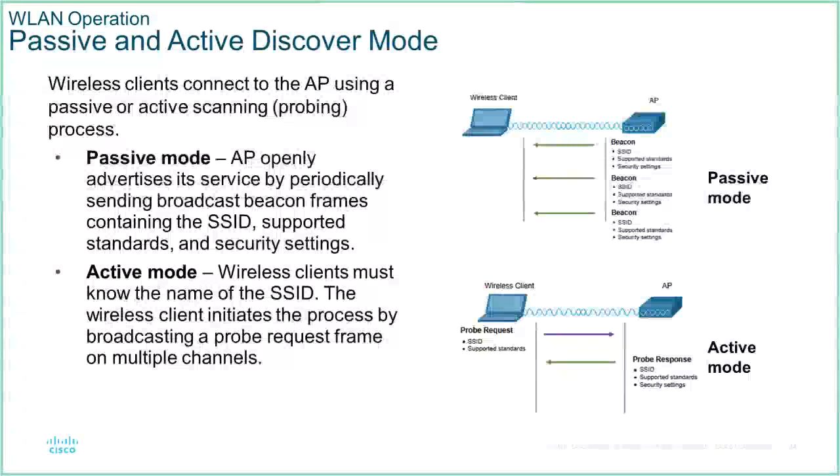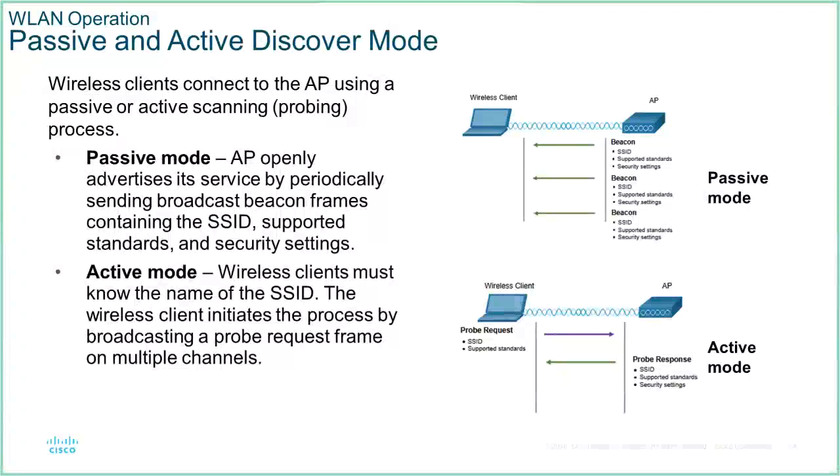Now, a wireless device can send a probe, which is saying I'm looking for this service set identifier, and then it's basically advertising itself saying I want to connect to this service set, this is the standards I support, and then the access point responds saying, yeah, that's me. Here's the agreed standard that we're going to use. This is the security settings you must comply to.